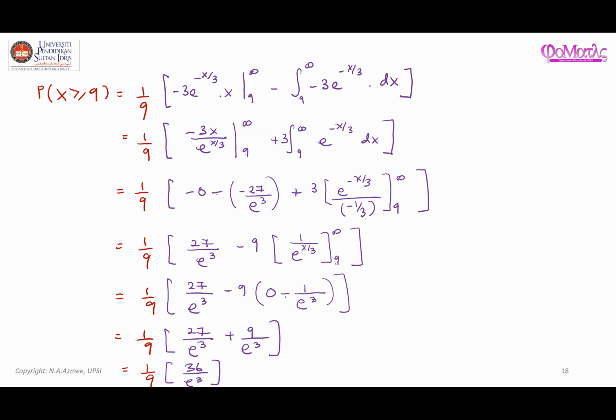So for the final answer, you can see that 36 we can simplify further. This is 4, we can cancel, so we get 4. So the final result is 4 over e^3, which can also be written as 4e^(-3). So that's the probability that the lifetime of the component is going to be at least 9 years.